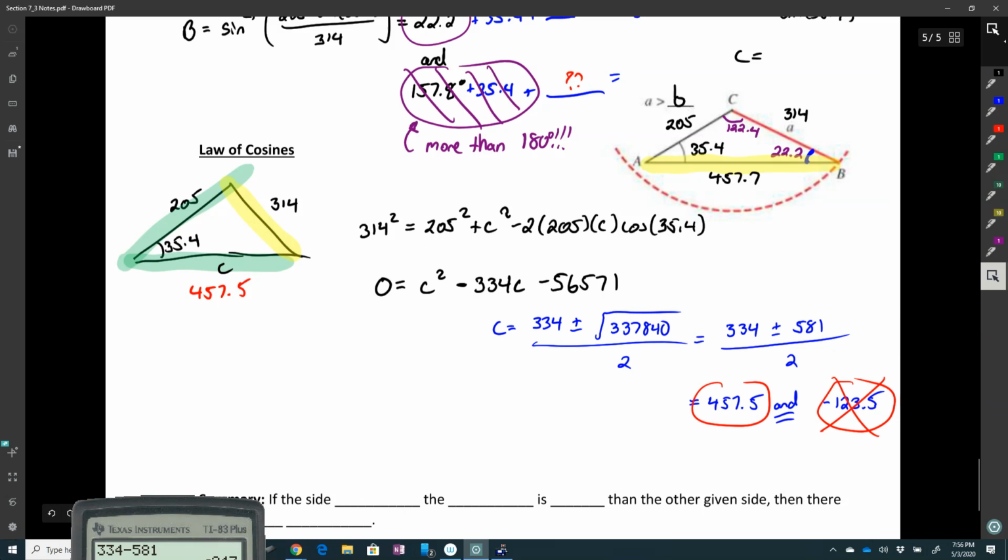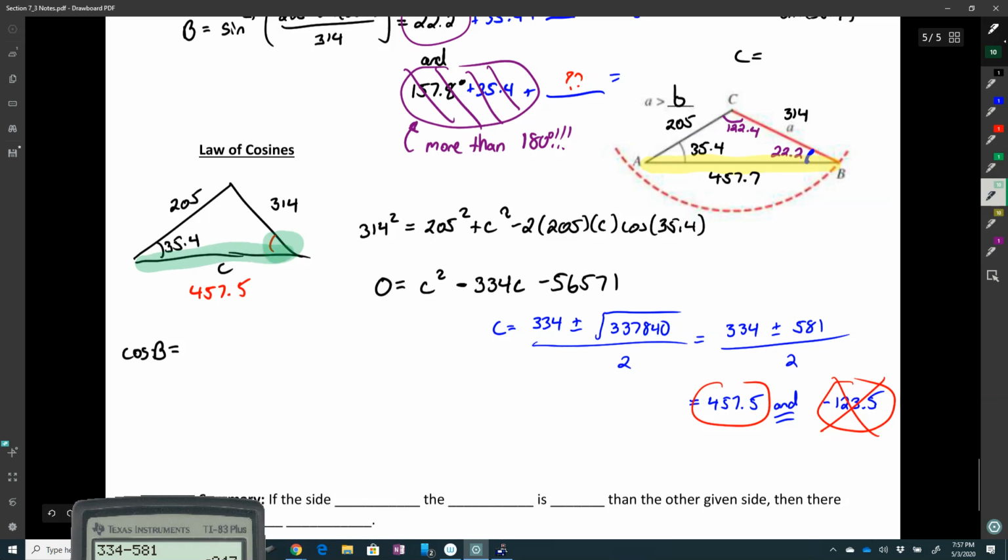Okay, so to find the missing angle, let's say cosine of b is equal to, now I'm looking at this angle.